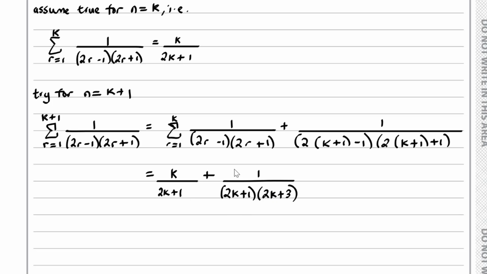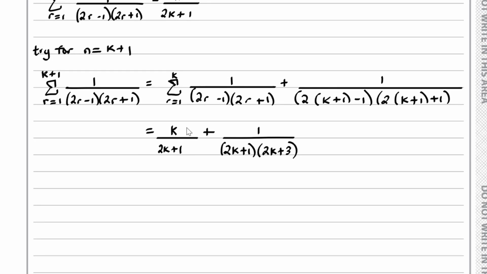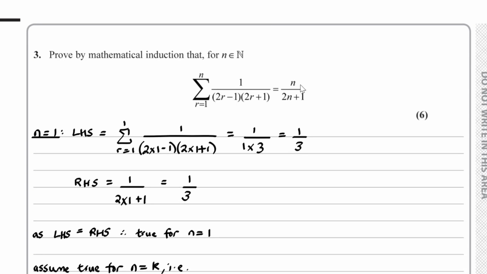And now our goal here is to simplify all this to reach something similar to this. And I always think it's helpful if you write down your end goal. What do you want to show? And for us, we want to show that we have something looking like k plus 1 over 2 lots of k plus 1 plus 1.